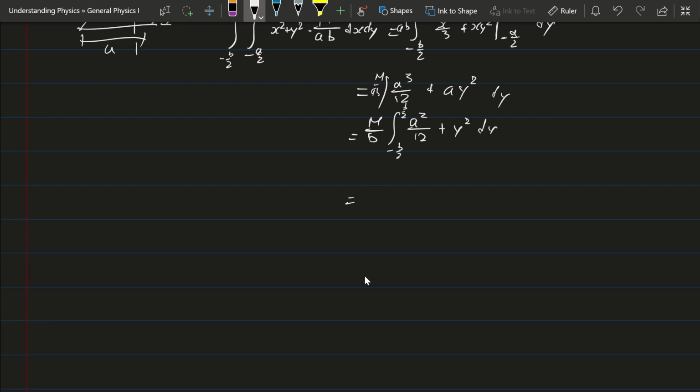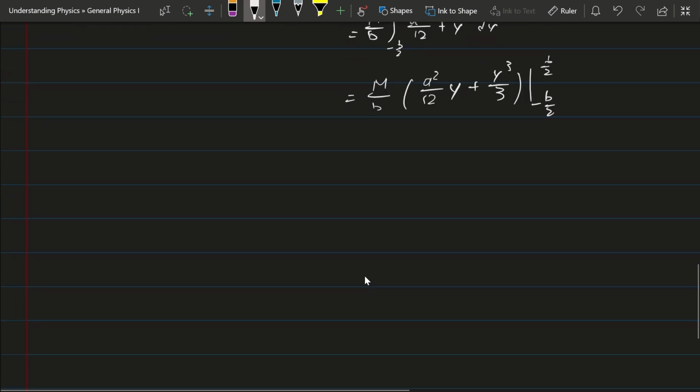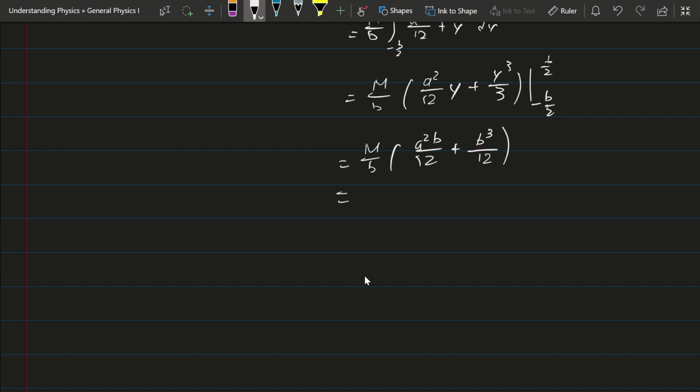So doing this integral one more time, we would obtain a squared over 12 multiplied by y plus y cubed over 3, evaluated from negative b over 2 towards b over 2. And this will obtain m over b times a squared b over 12 plus b cubed over 12. Simplifying this entire thing, we would later obtain m times a squared plus b squared over 12.